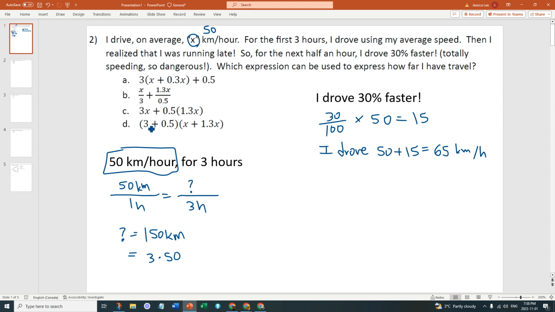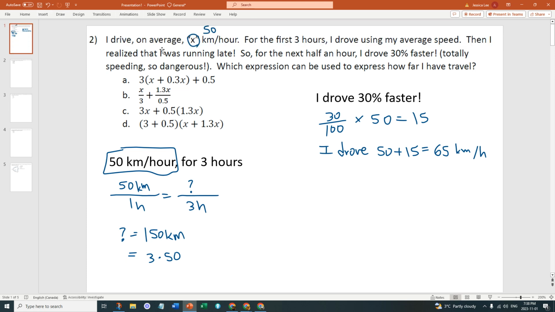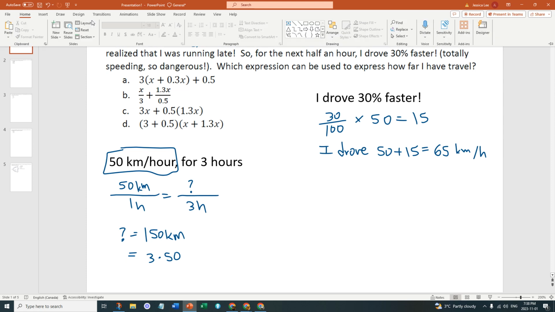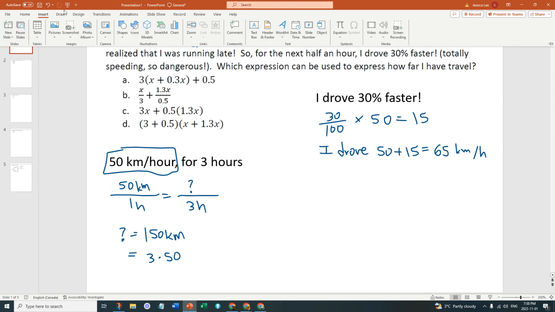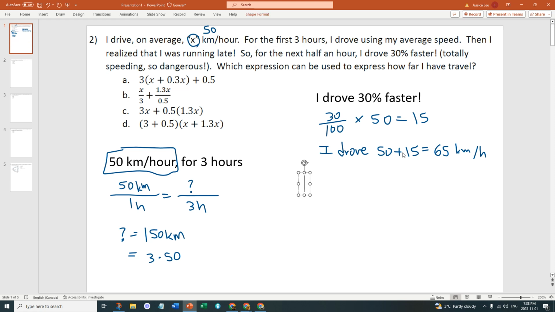So for half an hour, I was driving at 65 kilometers per hour. So I'm going to write that: 65 kilometers per hour for half an hour.